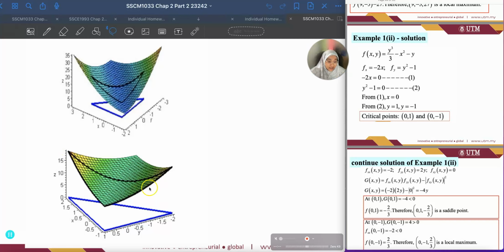That is the highest, and maybe this one is the lowest. But we do not know because this is 3D. If you try to plot this in GeoGebra 3D, you can play around with the graph, but this one is fixed, so we don't really know. That's why we have to use the partial derivative to help us determine the exact value.